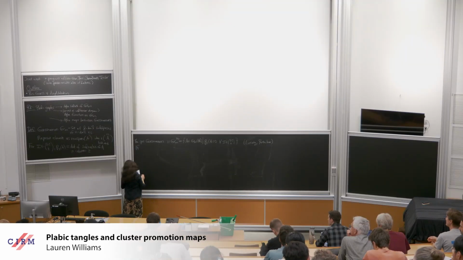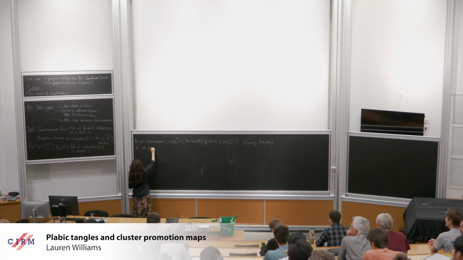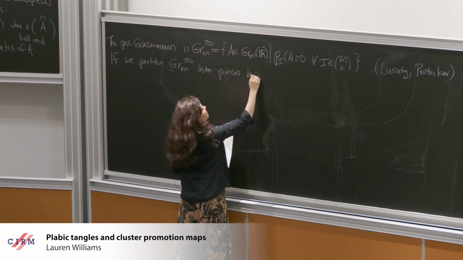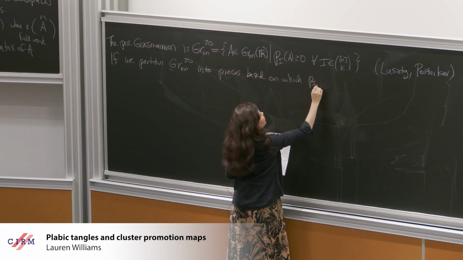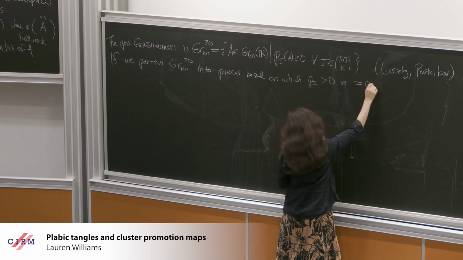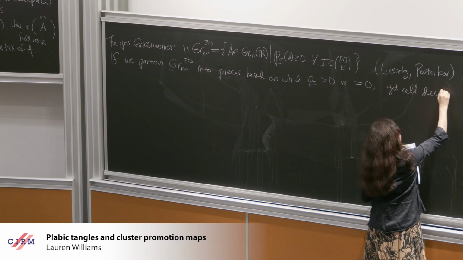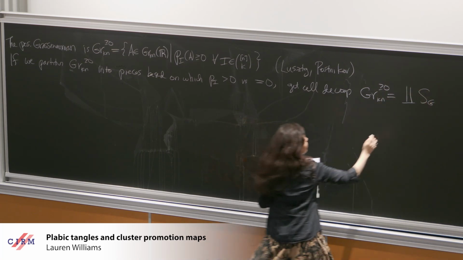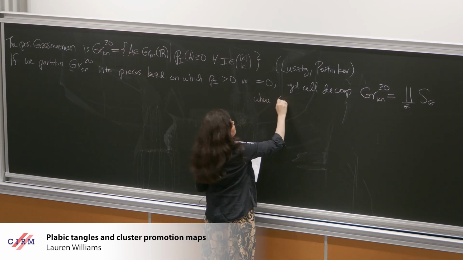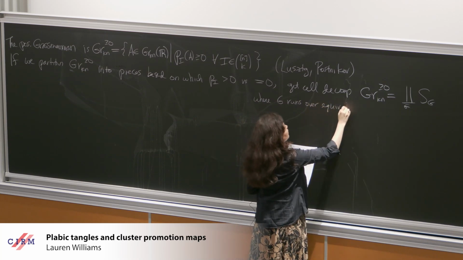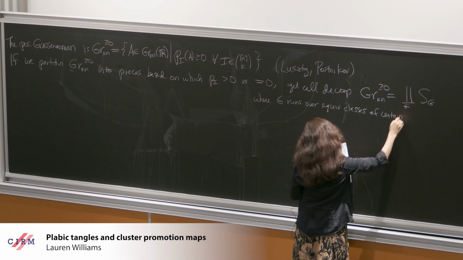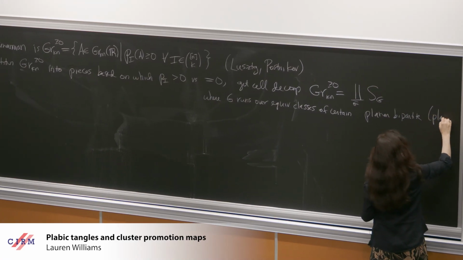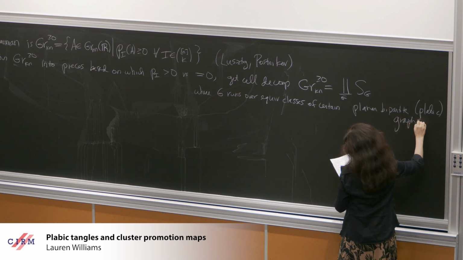And really the only point about it that I want to mention for today is that if we partition the positive Grassmannian into pieces based on which Plücker coordinates are strictly positive versus equal to 0, we get a cell decomposition into cells where G runs over equivalence classes of certain planar, and for today I'm mostly going to say bipartite graphs.